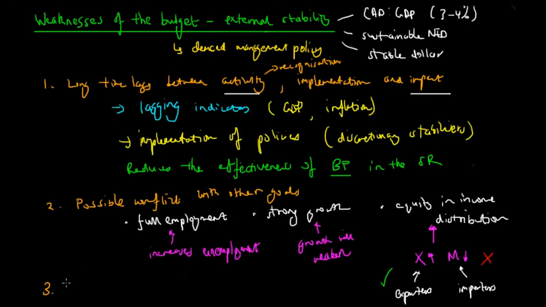And lastly, we have this idea that aggregate supply is also important. So assuming that the budget is simply a demand management policy, it neglects aggregate supply. But in reality, we know that the budget can also be an aggregate supply management policy, and we'll talk about how in further lectures.